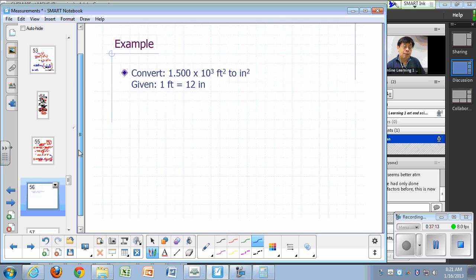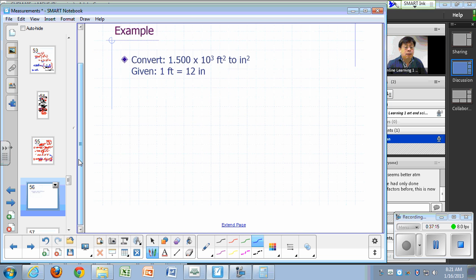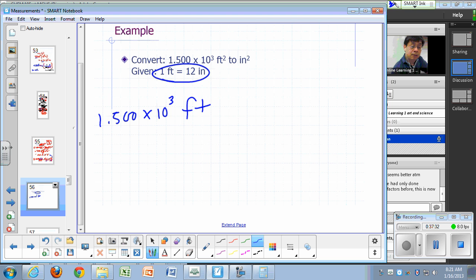What about something like this? 1.500 times 10 to the third square feet converted to square inches. 1 foot is 12 inches. How do we do this conversion? All I have to do is replace feet by inches.